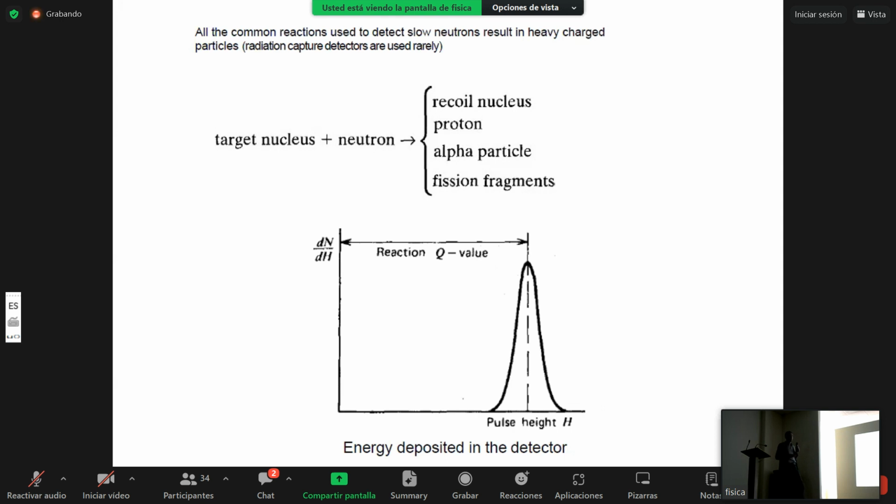These charged particles ionize the matter, lose their energy, and in reality create this pulse, which also looks like a Gaussian, and the average of this distribution really shows you the Q value, the energy of the reaction. And this can be done by measuring the energy which is deposited in the detector.